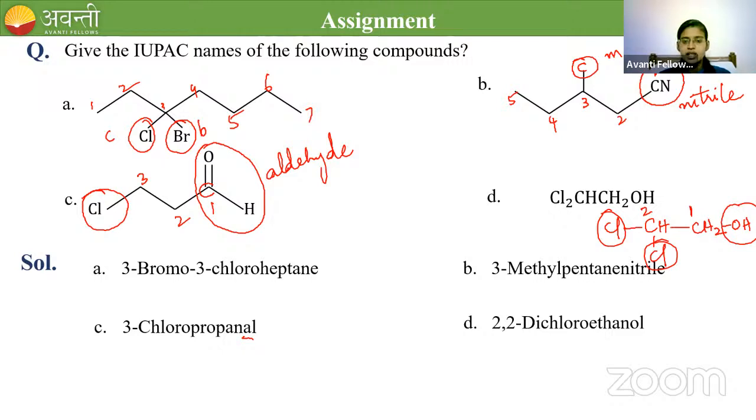I did not get even a single answer from you guys. Why is it so? Can all of you understand the rules of IUPAC, right? Yes or no? Do you guys have any doubt in solving the problem?